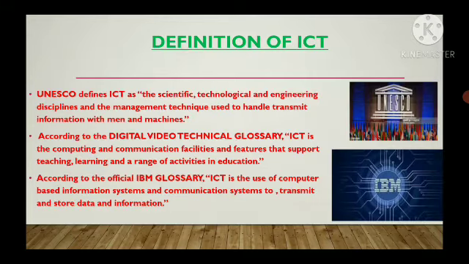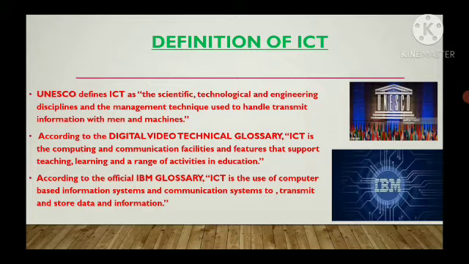The third point is the definition of ICT. According to UNESCO, ICT is the scientific, technological and engineering discipline and the management technique used to handle and transmit information with man and machines. The second definition is according to the digital video technical glossary: ICT is the computing and communication facilities and features that support teaching, learning and a range of activities in education.